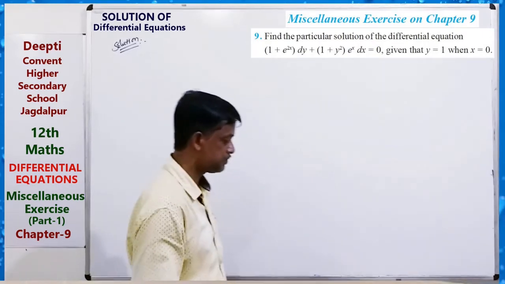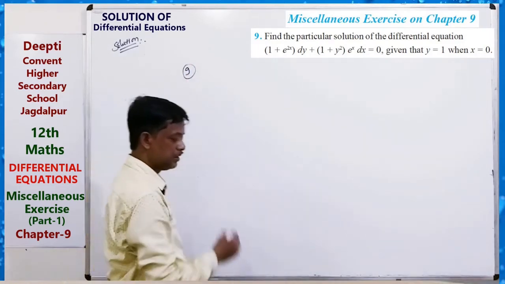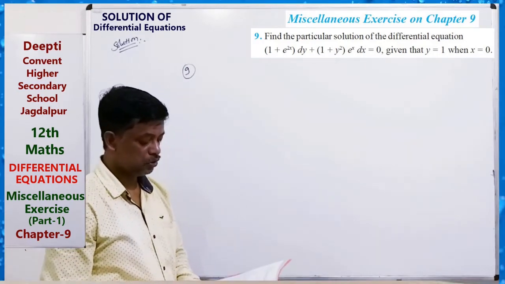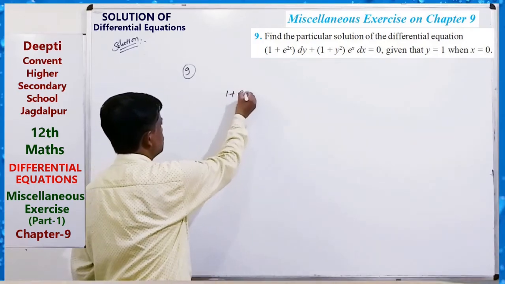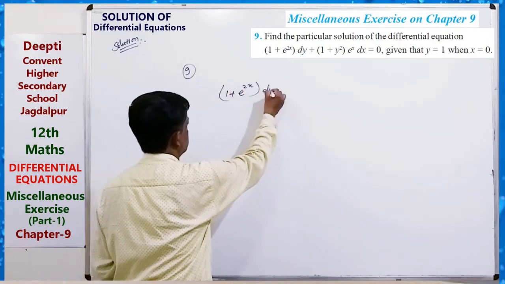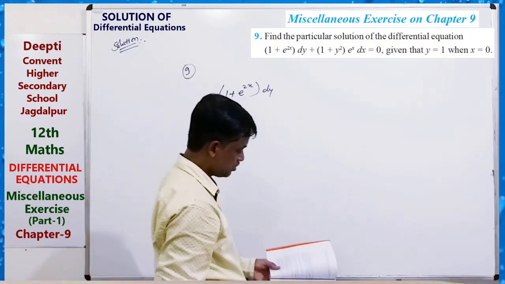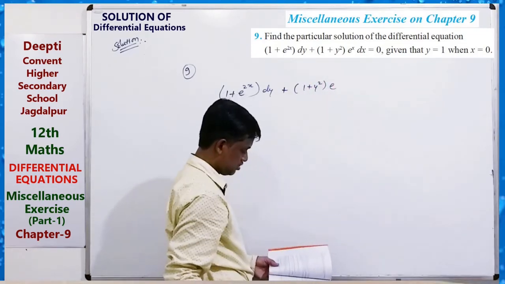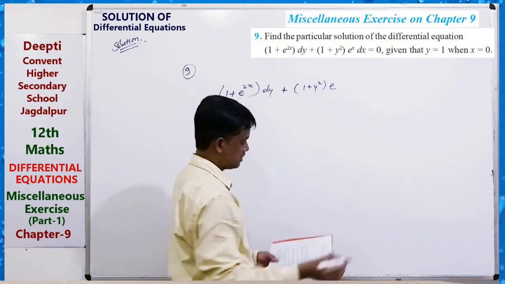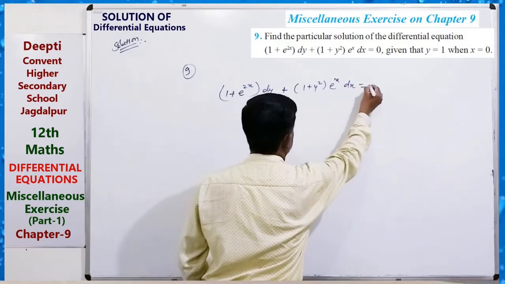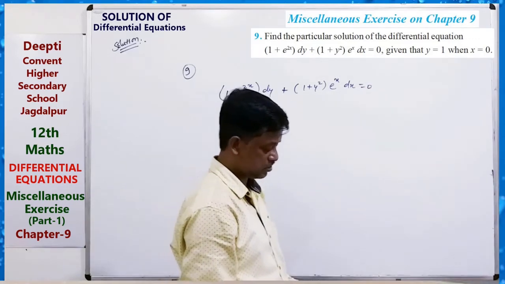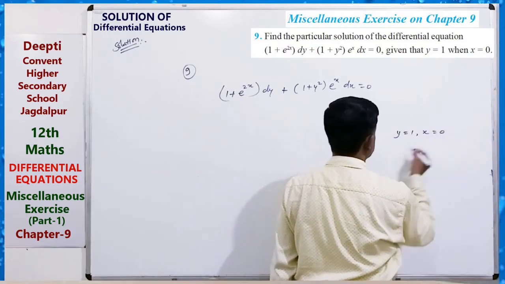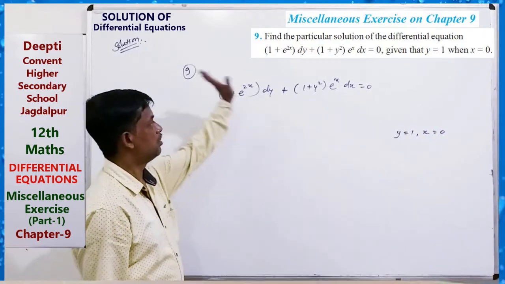Question 9 is given here. There is also a particular solution: (1 plus e to the power 2x) dy plus (1 plus y square) e to the power x dx equals to 0, and the condition is y equals 1 at x equals 0. This is the condition. Okay, we have to find the particular solution.